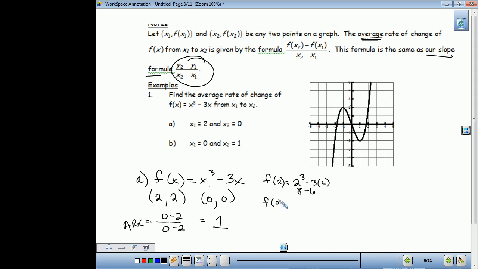When I plugged in 0, I got 0 cubed minus 3 times 0. 0 minus 0 is 0. So these were the 2 points I'm looking at: (2, 2) and (0, 0). So if I take those and plug them into my formula here, the change in the y's over the change in the x's, I get an average rate of change of positive 1.